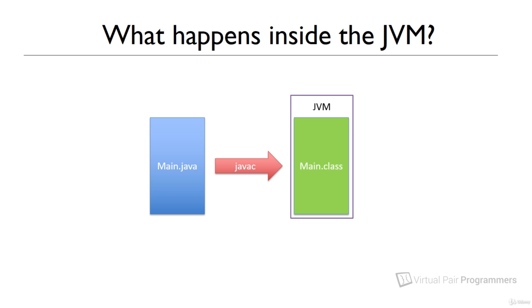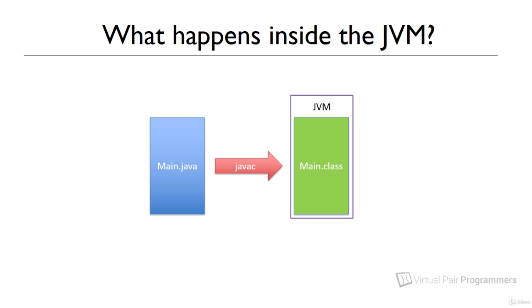So the same Java code can be run on a Mac, Windows, Linux, or any other operating system for which a JVM exists, and that's because our Java code is compiled into bytecode, and the Java Virtual Machine is able to interpret this bytecode.